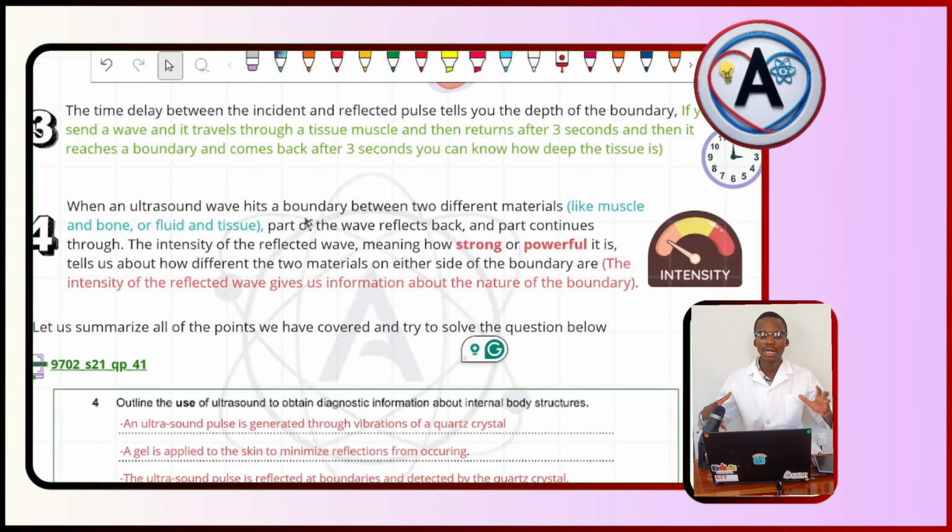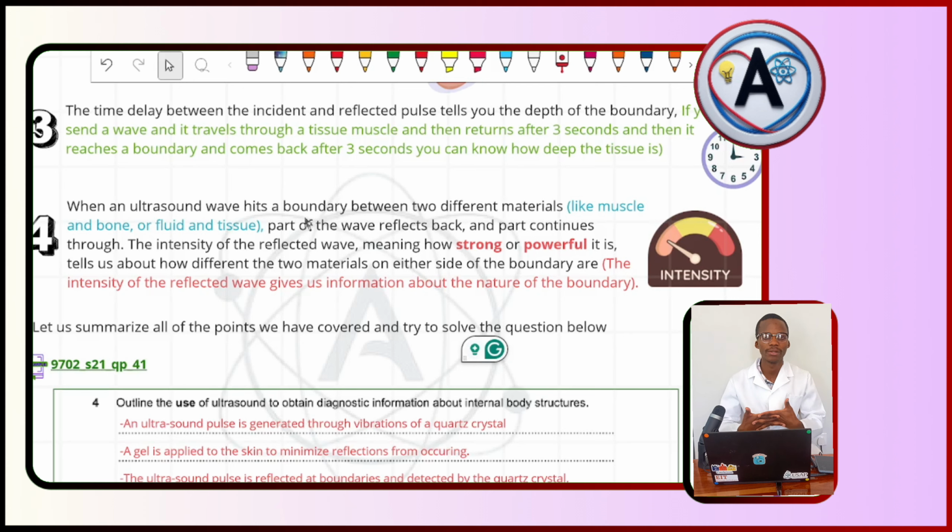When an ultrasound wave hits a boundary between two different materials, such as muscle, bone, fluid, or tissue, the wave gets reflected and part of it continues to travel through. The intensity of the reflected wave, that is how strong or weak it is as it comes back, tells you which different structures are present. What do I mean by this?